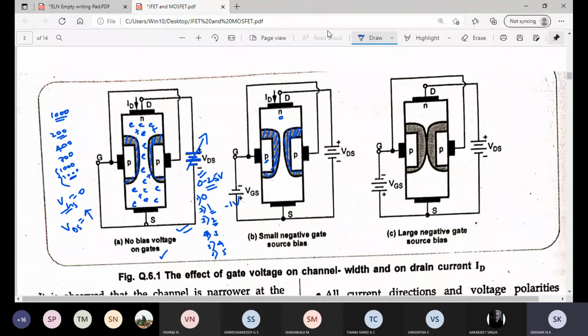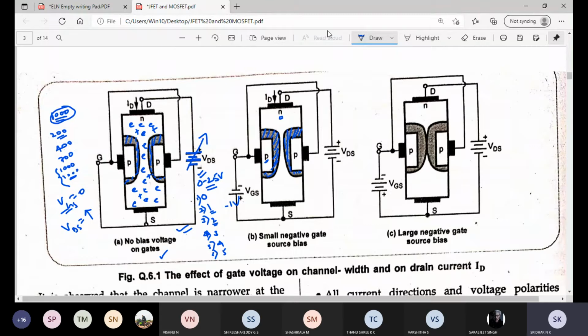What happens to the channel size? The depletion layer increased, or encroached into the channel. Because of this encroachment, the channel size decreases, correct? Did you understand this? Yes, sir. If the channel size decreases, then in the first case there were 1000 electrons, just as an example.